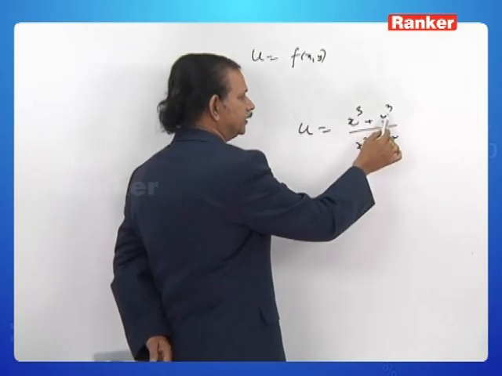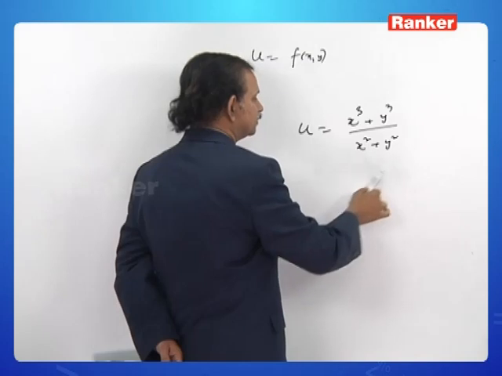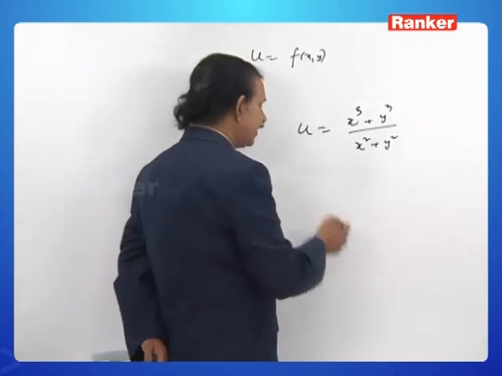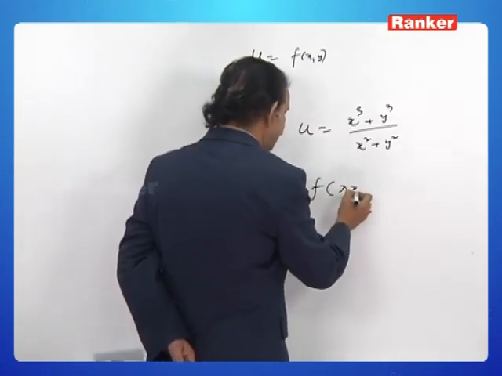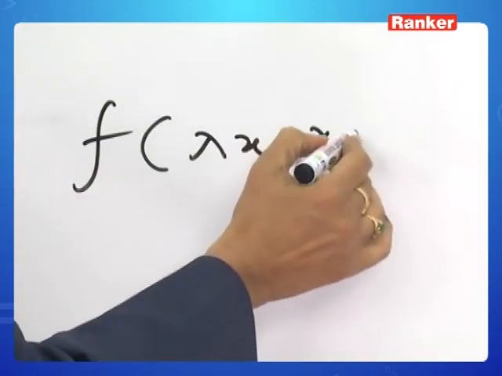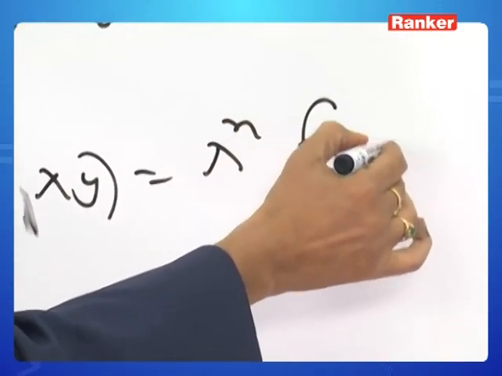Third degree, third degree. This part is homogeneous. Second degree, second degree. This part is homogeneous. Total, this is of first degree. In particular, f of lambda x comma lambda y is equal to lambda power n into f of xy.